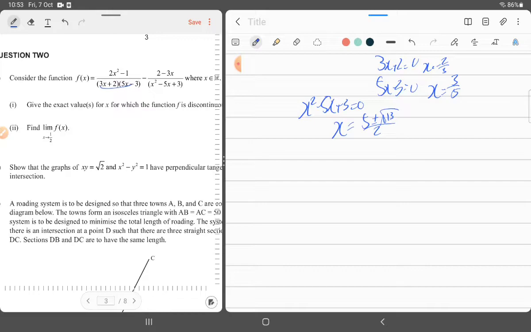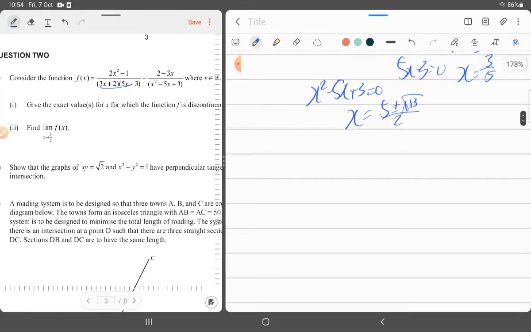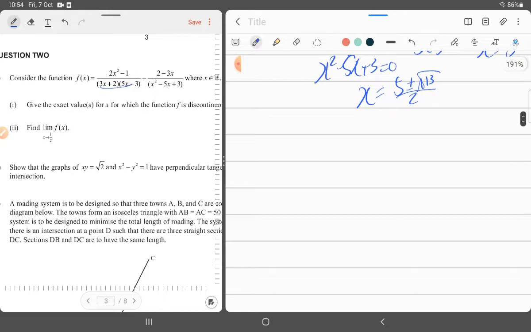So, next question, find the limit of f(x) as x tends to a half. We can actually just plug in half to all of these, can't we?